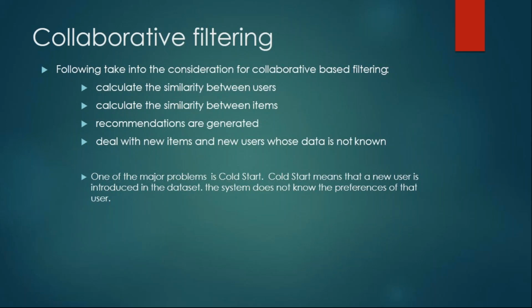The main advantage is that it can deal with new items and new users. One of the major problems is the cold start. Cold start is when a new user is introduced into the data set and the system does not know anything about that user. Anyway, I'll show this in the example.